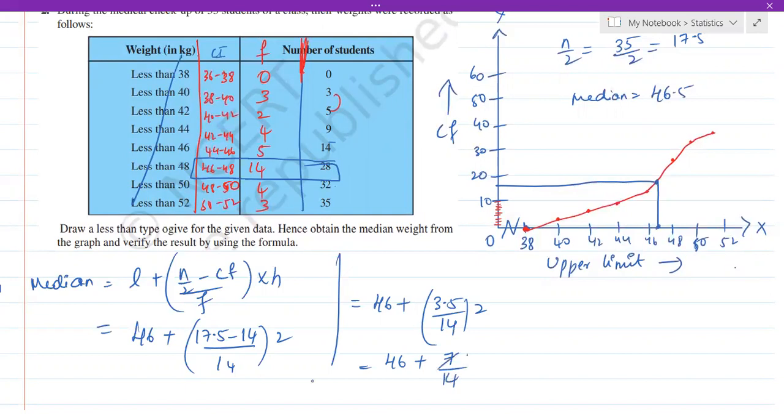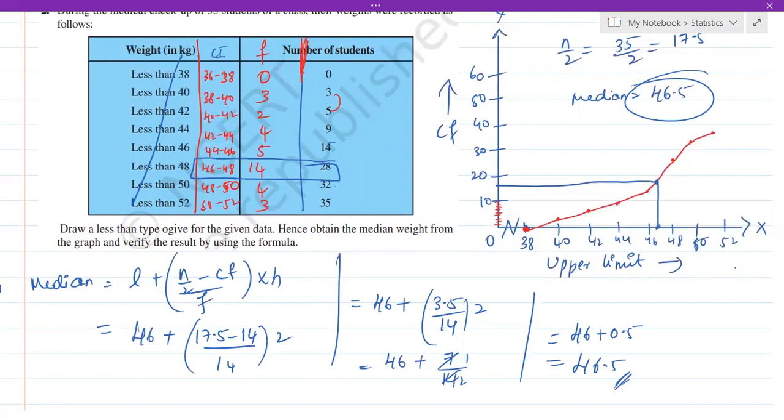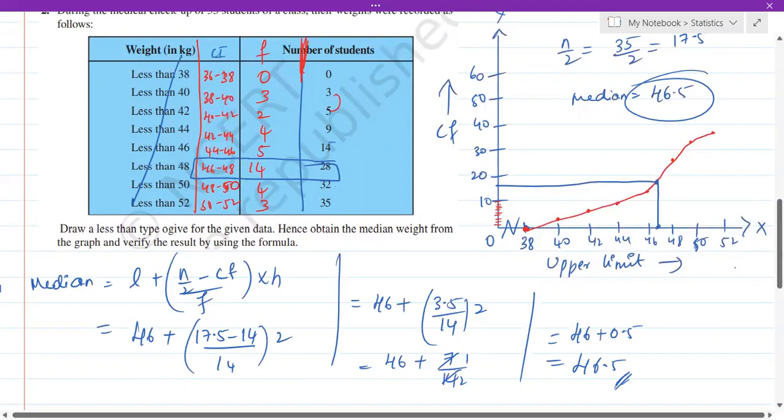So we have got 46 plus half, that is 0.5. So 46 plus 0.5 is 46.5. I had actually done it roughly. I just assumed that it is 46.5, and in the calculation also we have got 46.5. So if you plot it in the graph sheet properly, you will get the same answers. So here we have got the same answers.